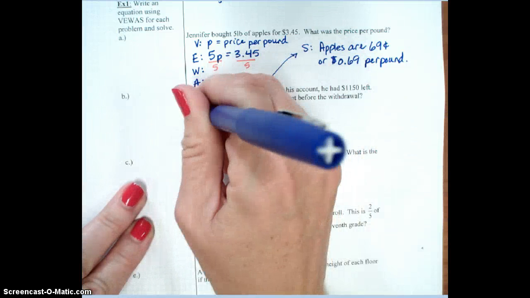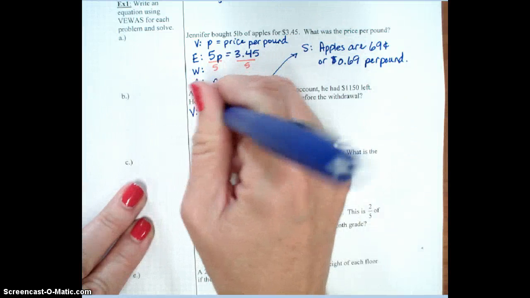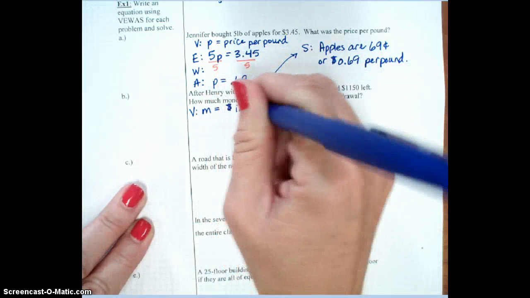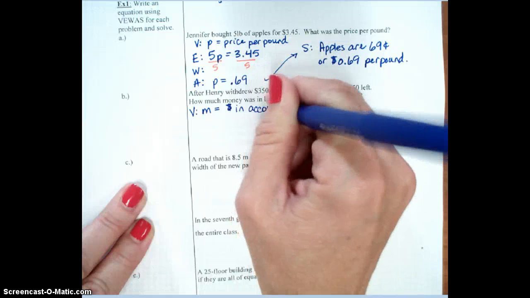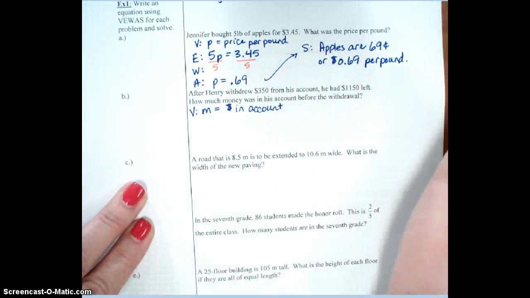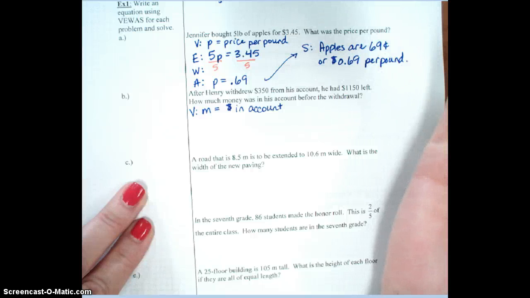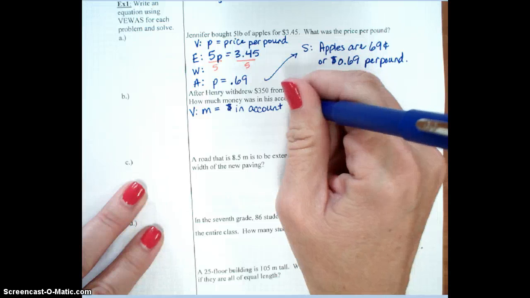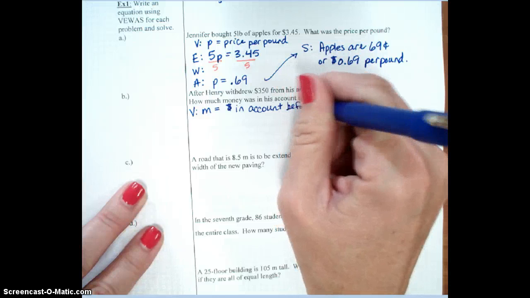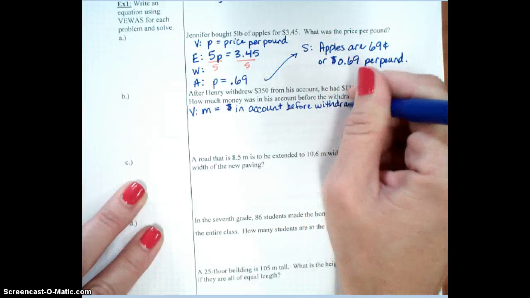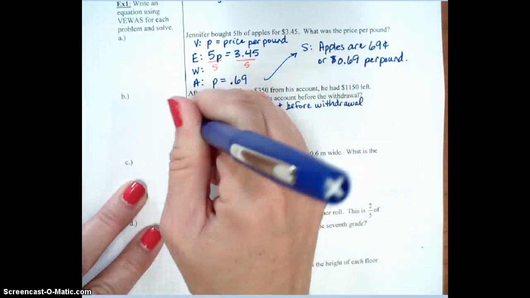So I'm just going to make my variable M, and I'm going to define that as the money in the account, but I want to be more specific than just the money in the account. Like, is that the money in the account before he took it out or after he took it out? So I'm going to say that's the money in his account before withdrawal, meaning that's the money that he had in there before he took it out.